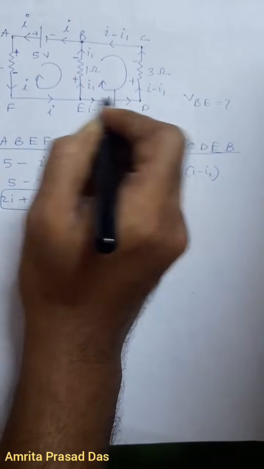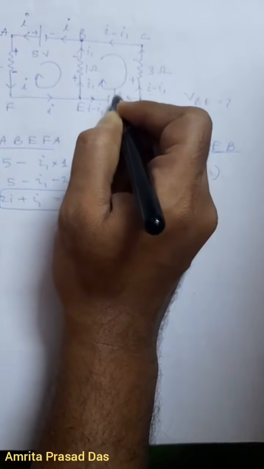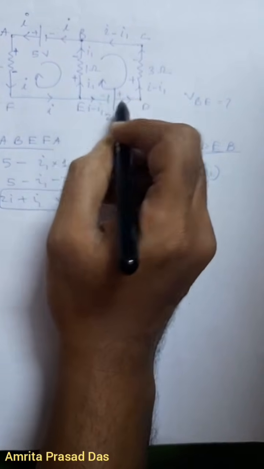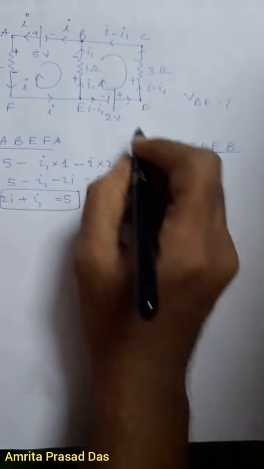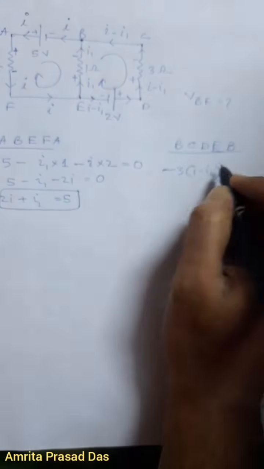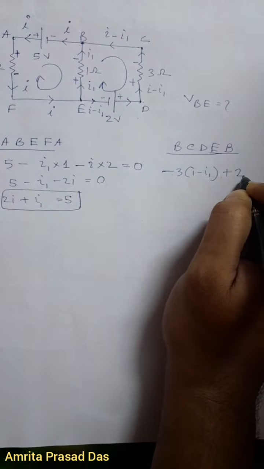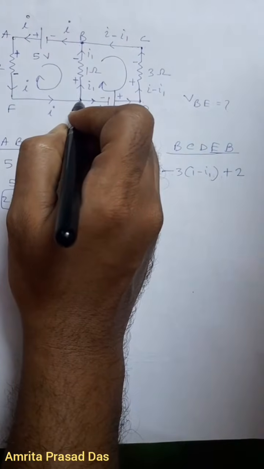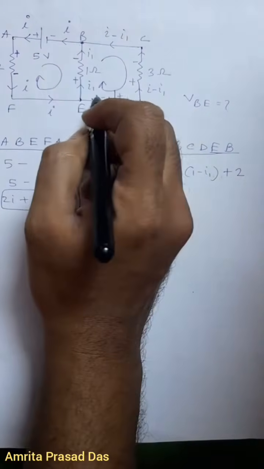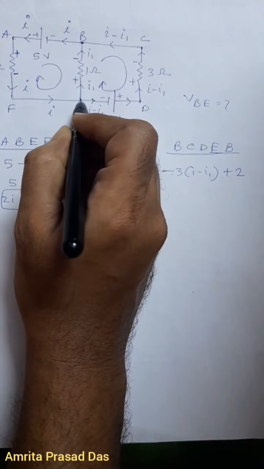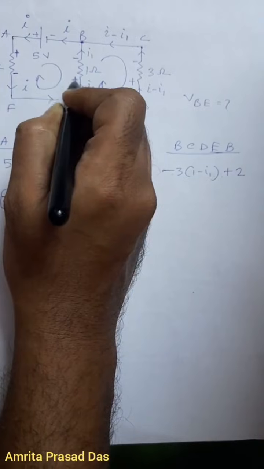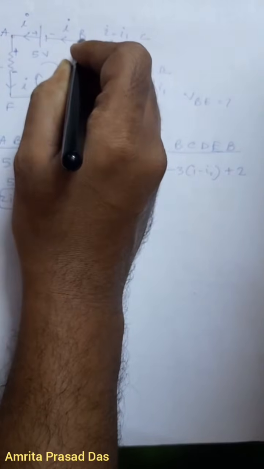Now you are moving from D to E. D is the high potential point with respect to E, because D is connected with the positive of the cell. So you get the potential difference VD minus VE, which is equal to plus 2. Now you are moving from E to B, and the potential difference is I1 into 1, and you are moving from the high potential end to the low potential end of this resistance.